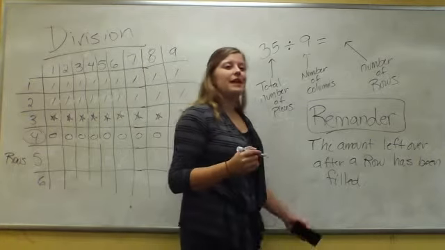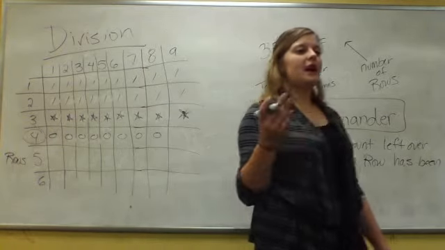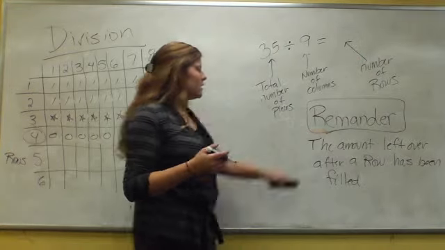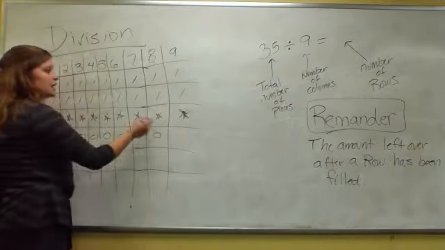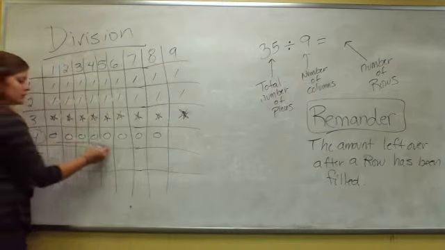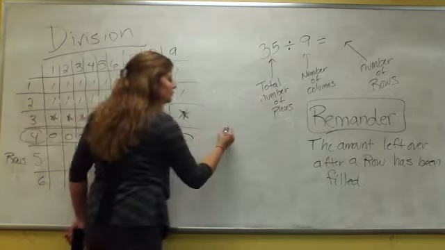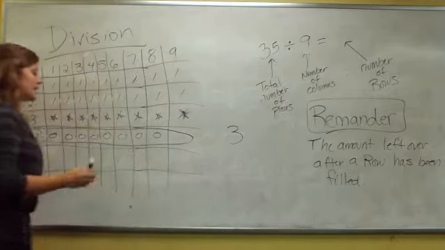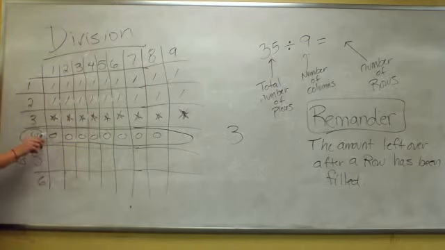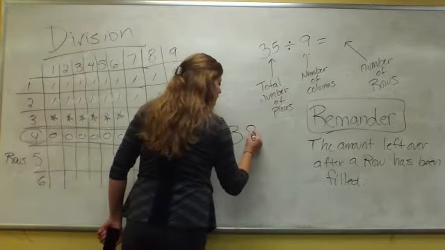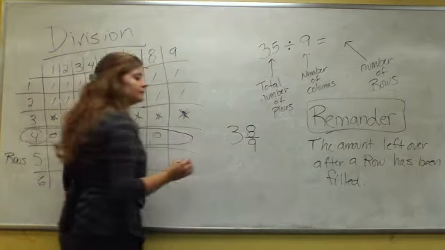You could also say it's the amount left after it's divided evenly. Okay? But just know that the remainder is what is left over that can't complete a full row. So this whole amount right here is now my remainder. So I can make 3 full rows, and I have how many left over? 8. I have 8 left over out of a possible 9.